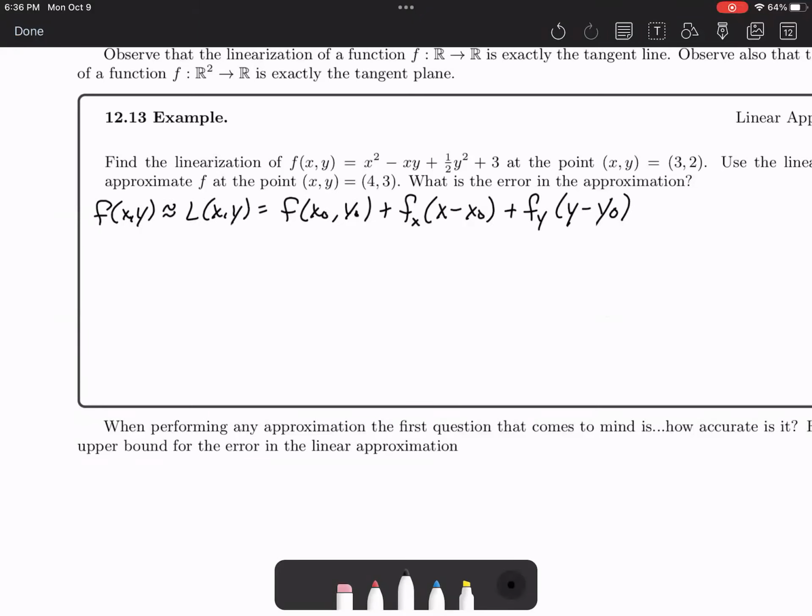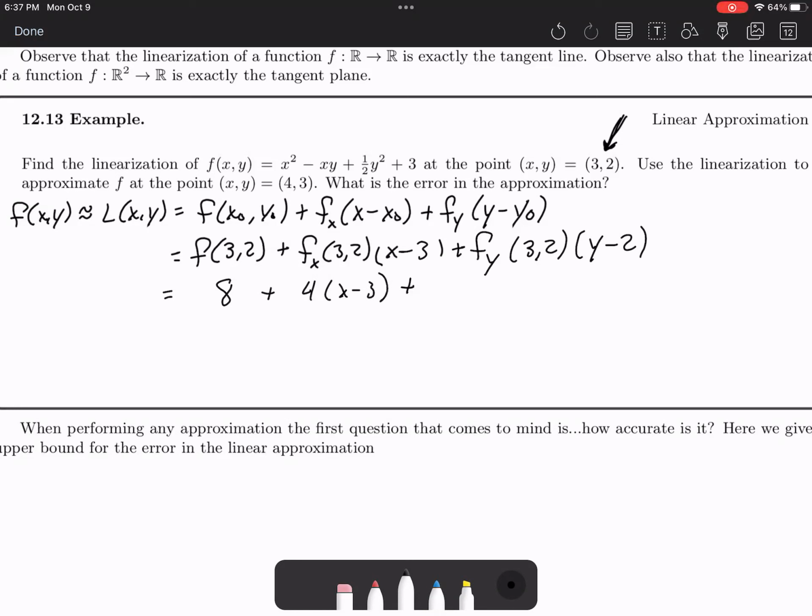All right. When you go through this, you end up at 8 plus 4 times (x minus 3) plus 5 times (y minus 2). And simplifying, you get that the linearization is equal to 4x minus y minus 2.